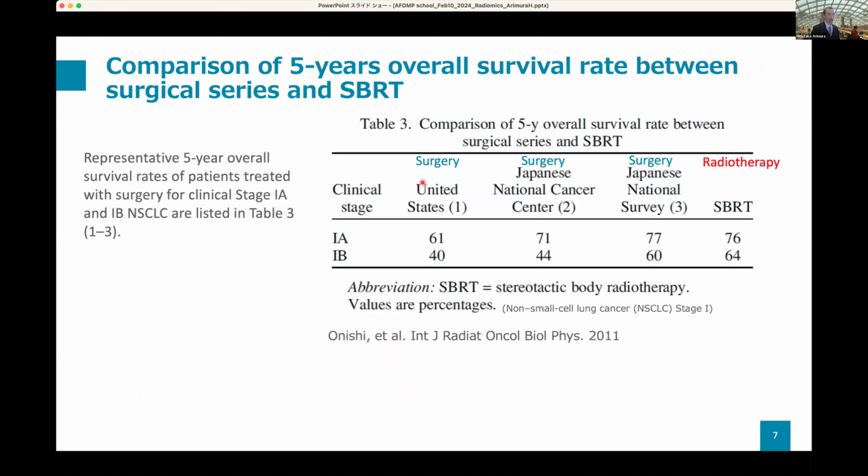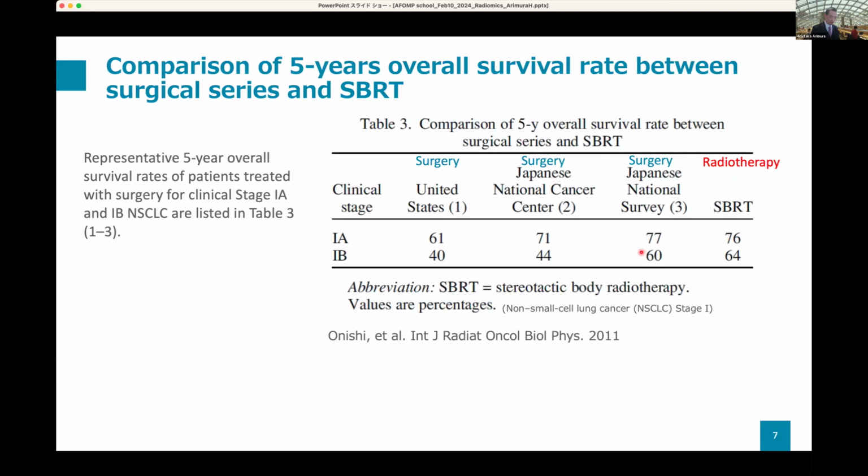So here is statistics from this paper. According to this paper, the survival rate of stage 1A and stage 1B is 60% to 77% for surgery. But almost the same survival rate from radiotherapy, around 64 and 76.